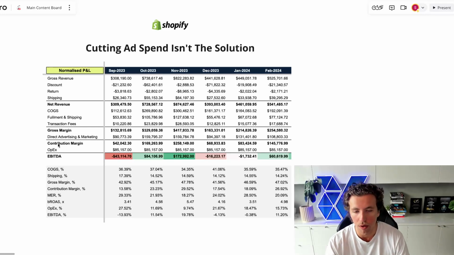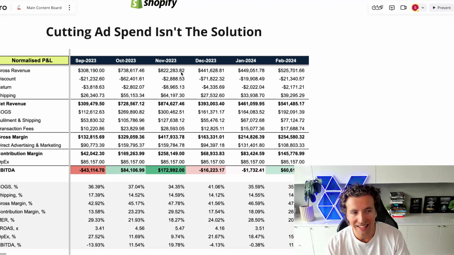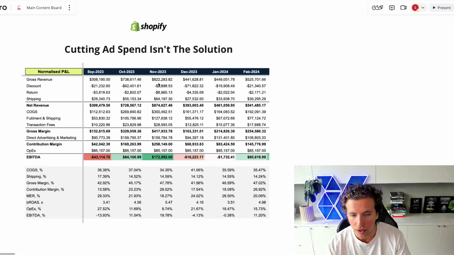An accountant will make this mistake, which is assuming, based on the framing I've given you so far, that $160,000 in spend here generates $822,000 in gross revenue. But that isn't necessarily true, okay?